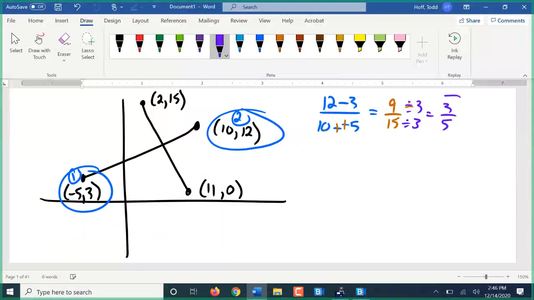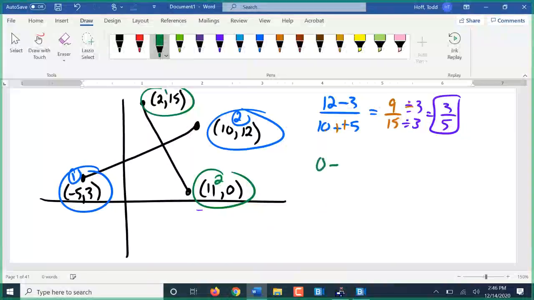This one here, if I call this point 1 and this point 2, I have y2 is 0 minus y1 of 15 over x2 is 11 minus x1 of 2.